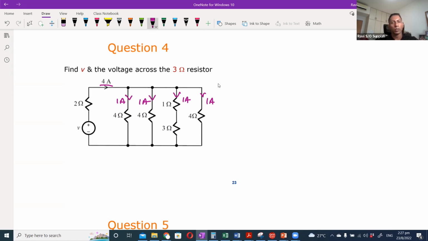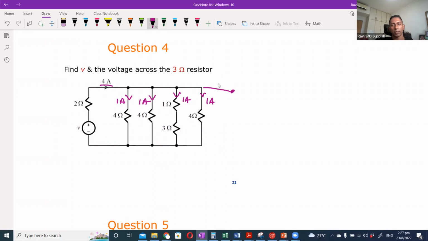All right. So if all 4 branches have 1 ampere each, then what is the total voltage? You can see that the voltage across all these branches is the same, correct?